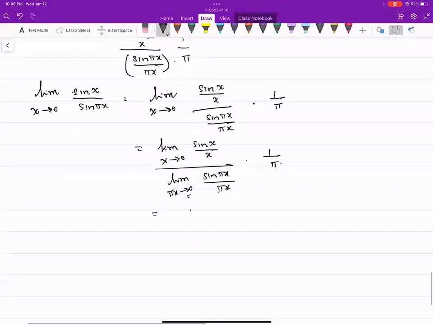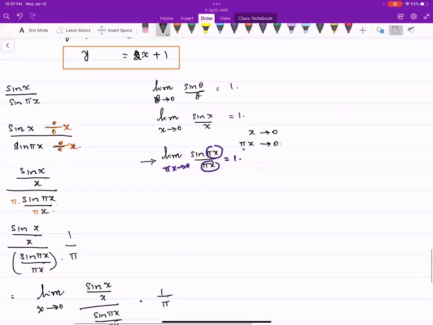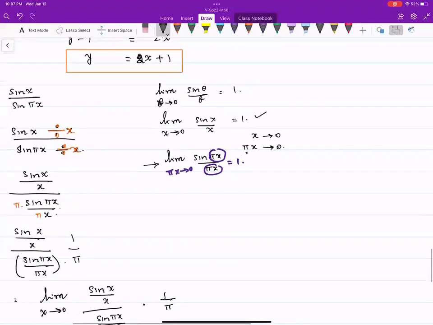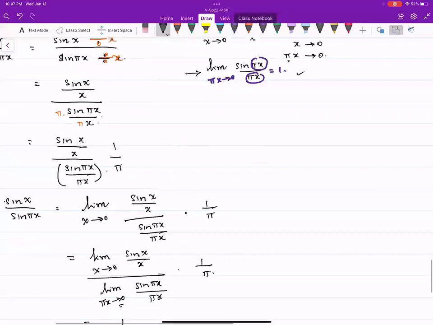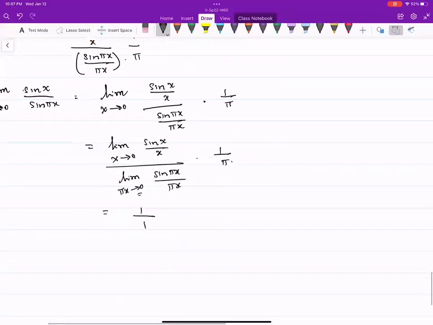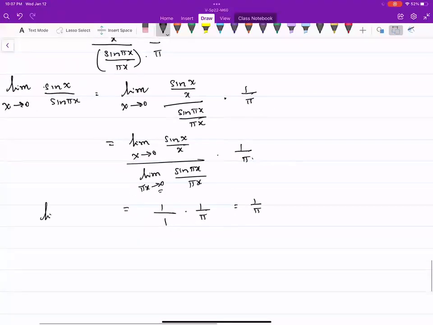So the numerator is 1. From what we stated here, sine x over x is 1, limit as x approaching 0. Sine pi x over pi x when x approaches 0 is also 1. So this is 1 times 1 over pi, which is equal to 1 over pi. So the limit as x approaches 0 of sine x over sine pi x is equal to 1 over pi.